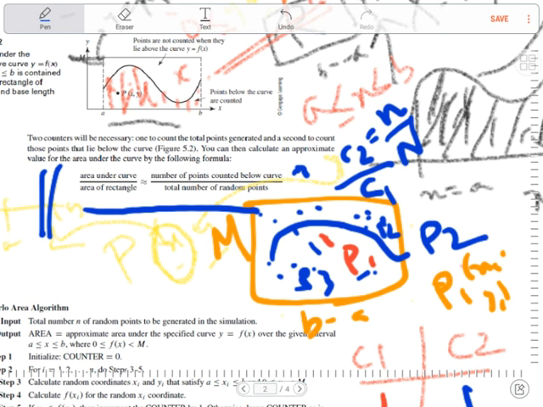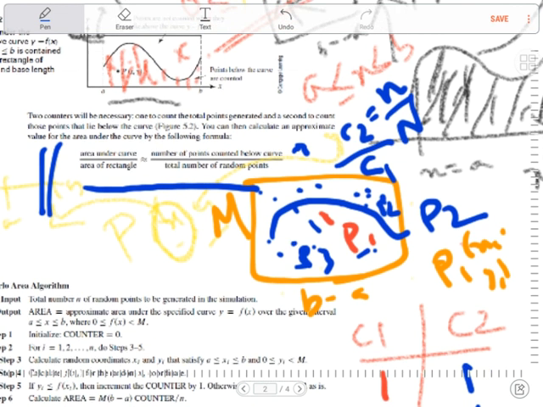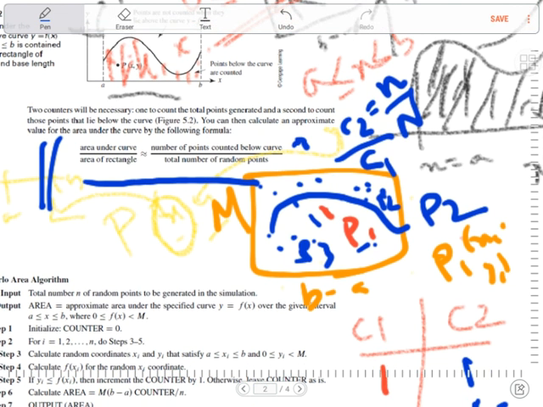Now if this is a strategy, where is the probabilistic behavior? The probabilistic behavior lies exactly where you are choosing the points randomly. And we know how we can choose random points. As I already said, we have to choose the abscissa and the ordinate randomly.